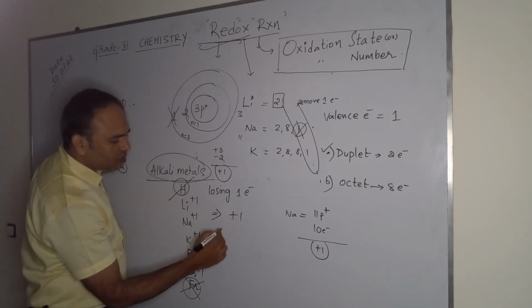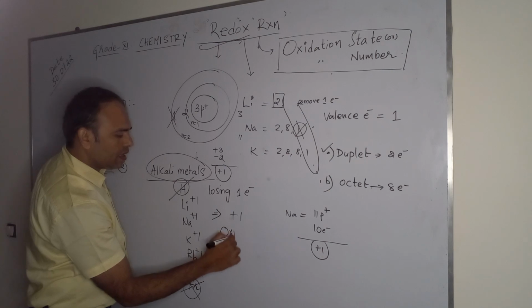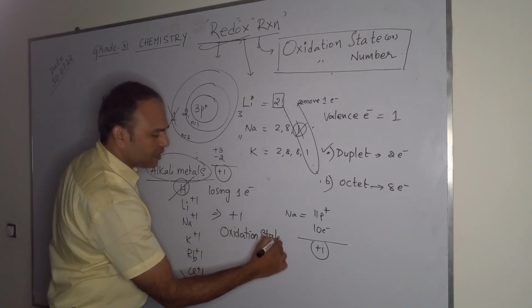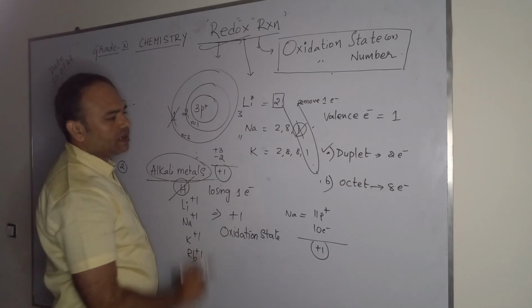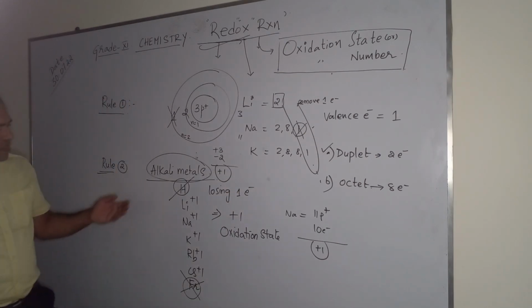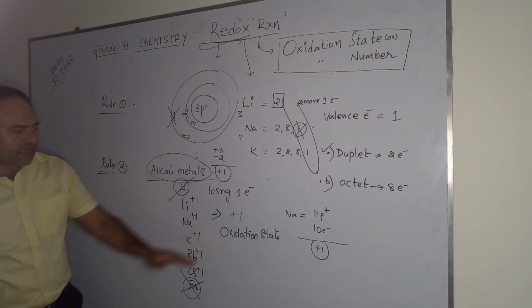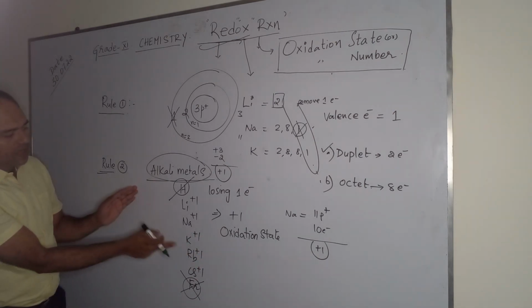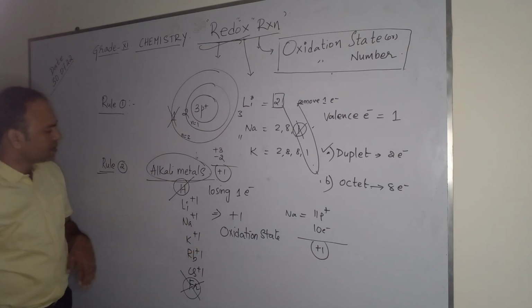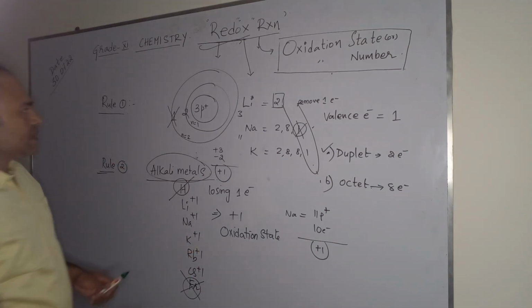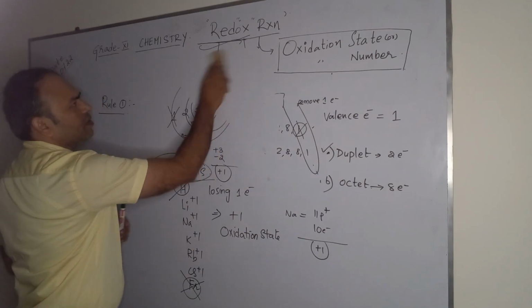And that charge they get is nothing but its oxidation state or oxidation number. So hope with the example you have understood what is meant by oxidation state and about alkali metals having +1 oxidation state.